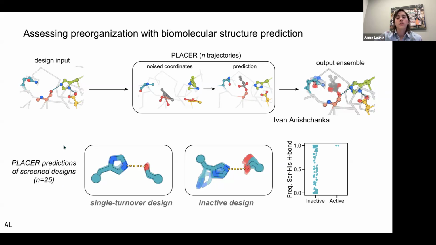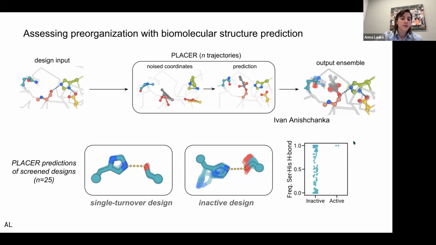And we thought maybe this could be a good proxy for pre-organization. We could check if our enzymes are always occupying the same designed conformation or if they're also sampling off-target, non-ideal states. And we had just screened all these designs for activity, so we decided we would just run Placer on the designs we had already screened and see what happened. We got different types of Placer outputs.